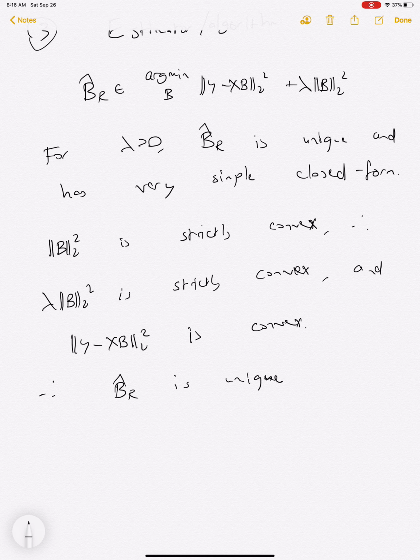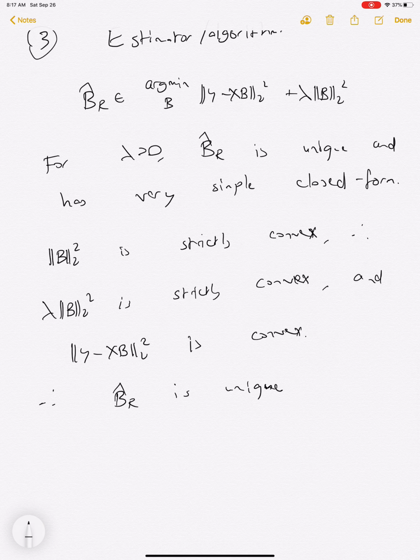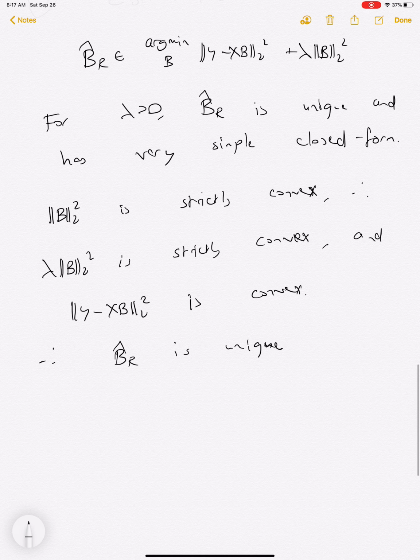Remember that when lambda is zero, if we wanted uniqueness, we had to invert that matrix, which required rank of X to equal p. In this case, if lambda is bigger than zero, we don't need that condition anymore. Because if rank of X is less than p, as we talked about before, you can't really invert that matrix. So we don't need any conditions on the rank here like we did before.